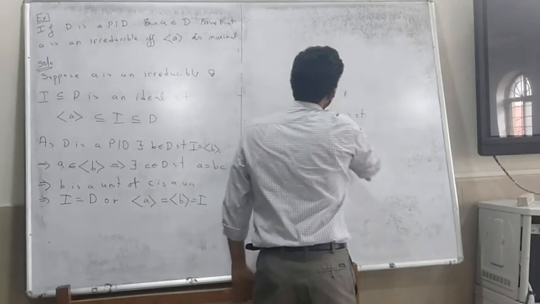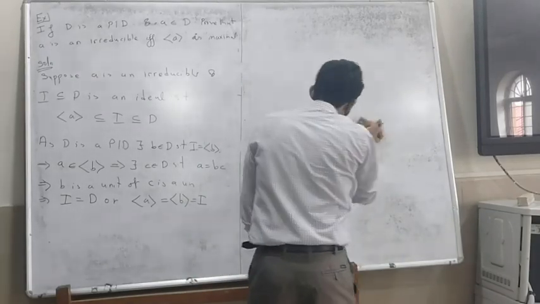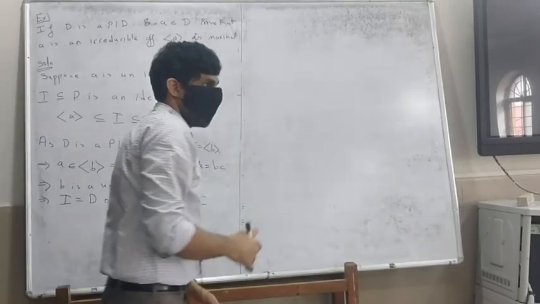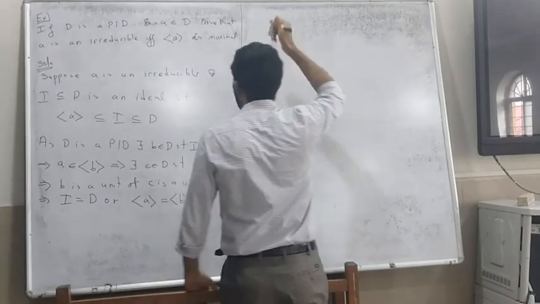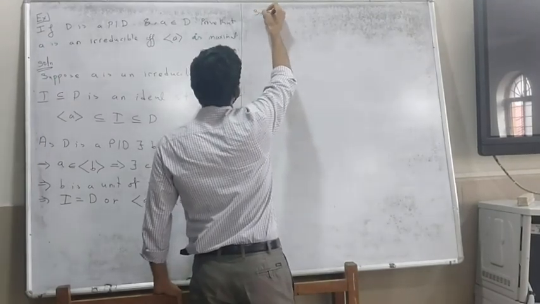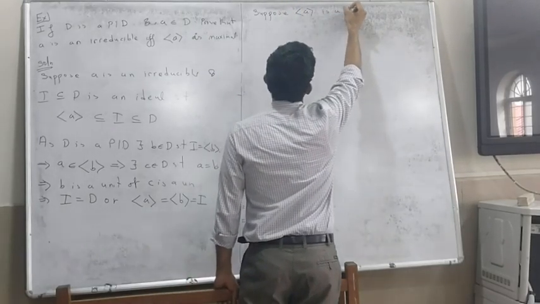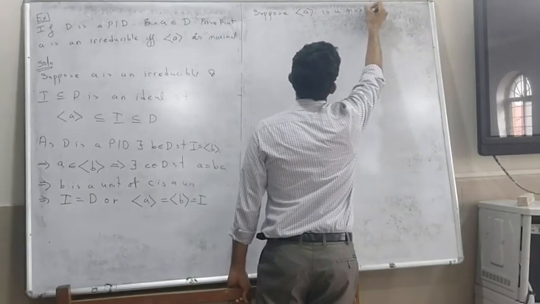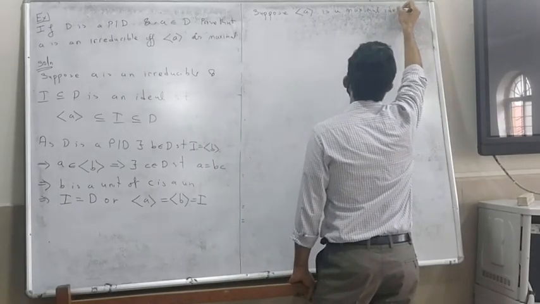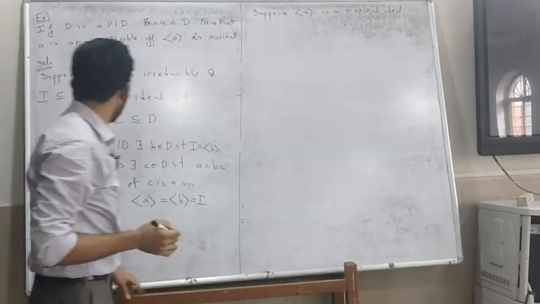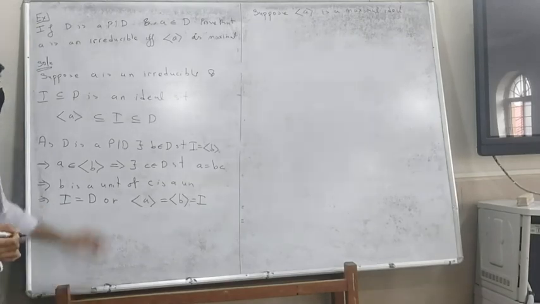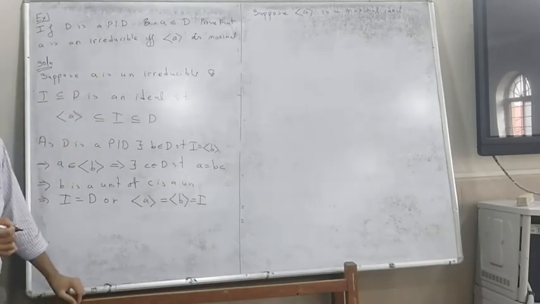So I want to now prove that if the ideal generated by A is maximal, I want to show that A is irreducible.